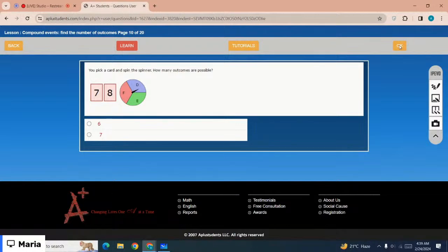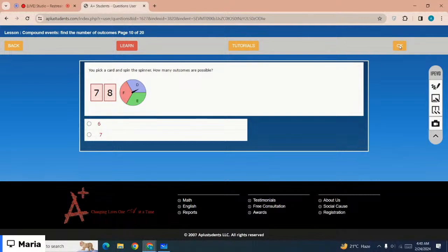Now you pick a card at random and spin the spinner. How many outcomes are possible? The correct option is 6, it is right.